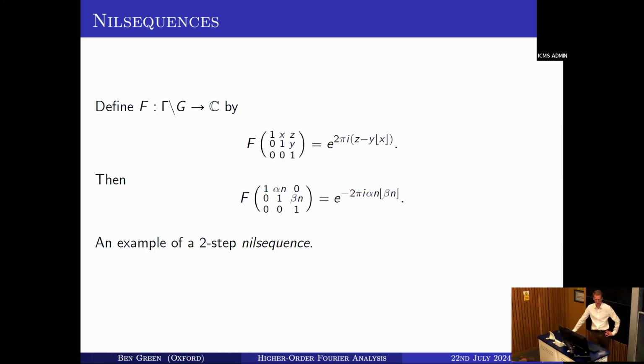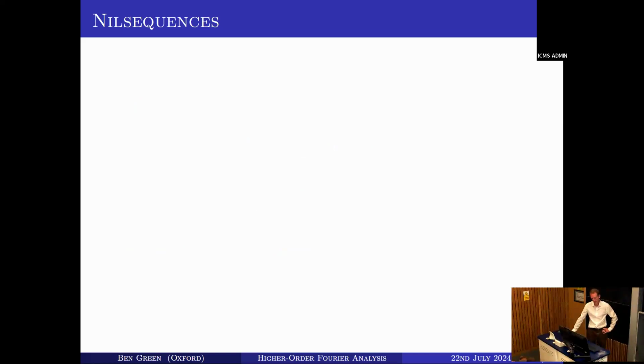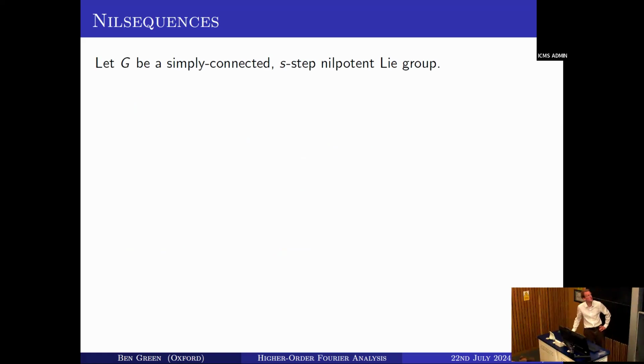I'll remind you of the definition in a sec. For the experts, what I said isn't quite accurate, at least as we normally do things, because that particular function F has some discontinuities at the edge of the cube. But I'm going to gloss over that. It's mostly continuous. Okay, so let's quickly run over the general definition of a nil sequence.